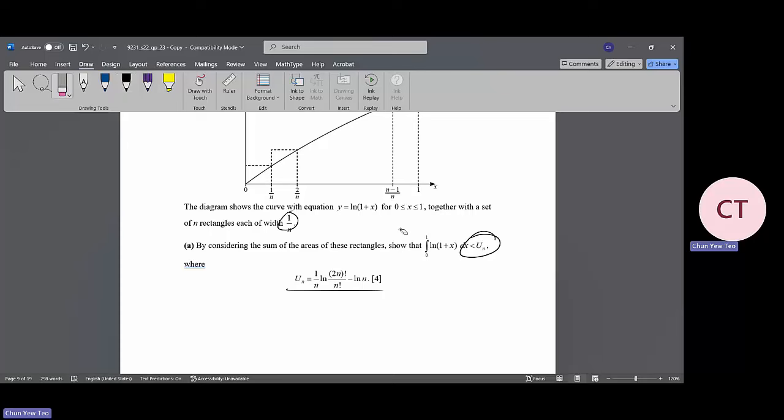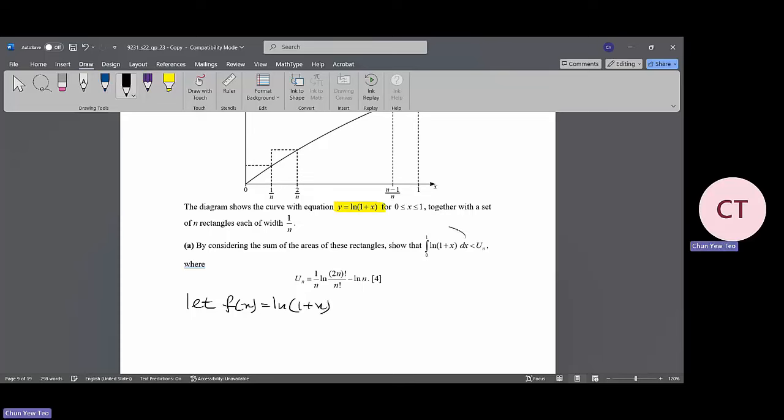So what I need to do first is call this f(x).